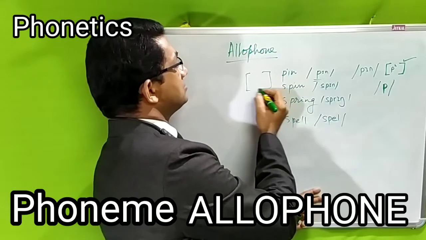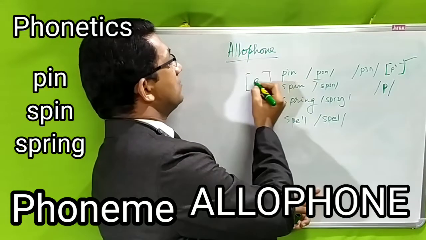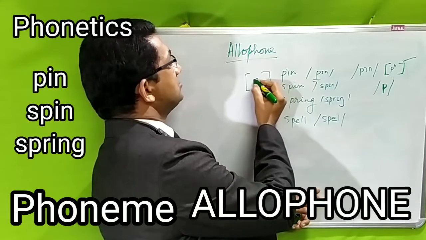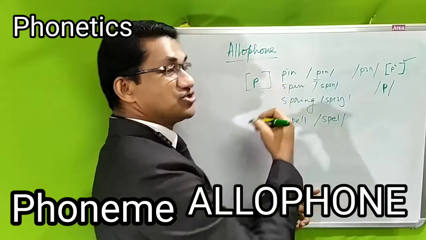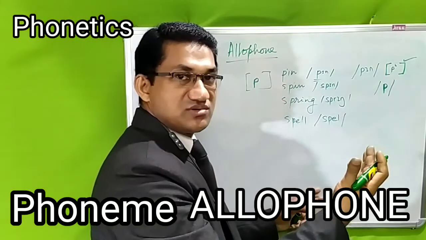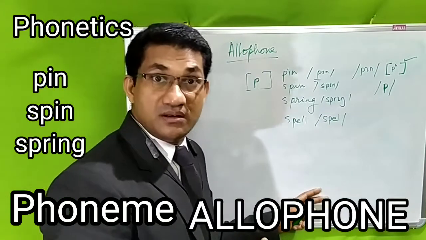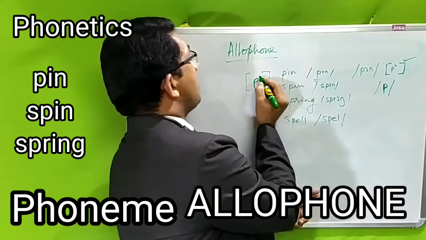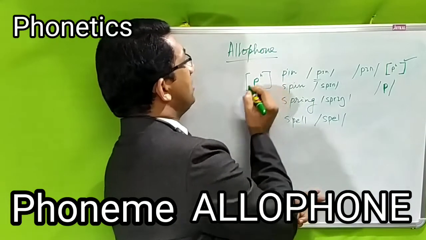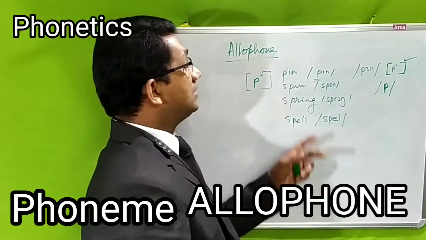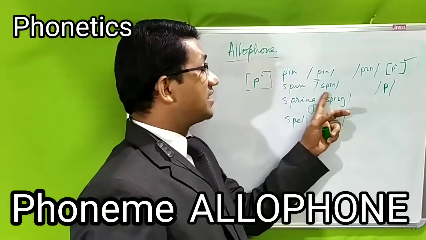Square brackets. Okay. So in the first one we have aspiration, and additional air is let out forcefully, and when we say pin, air is coming out, right? And that aspiration is indicated with a small h on top. So spin, it is unaspirated.